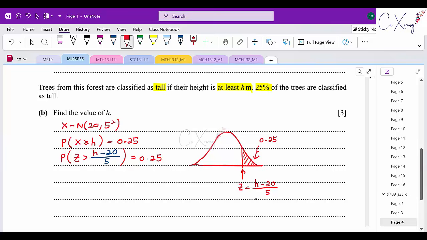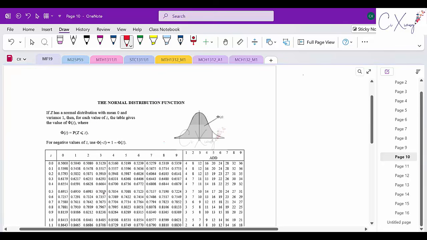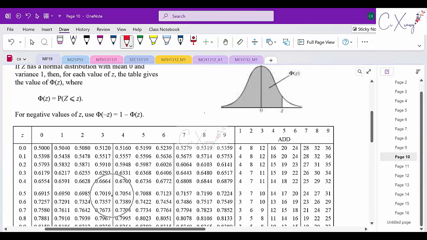Okay, right, so how can we find this particular value of z from the table? You can use the table in the reverse way. The area here, 0.25, is a small area. If we have a look at our table, all the areas are this part, and all the values of z are this part. So for the area, you need to look for 0.25. Can you see any 0.25 in this part? No, right?